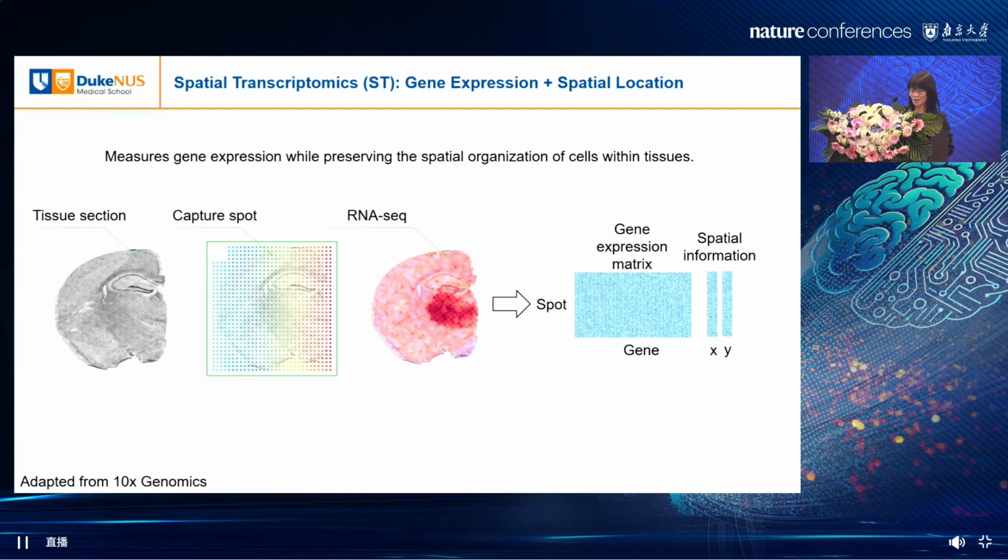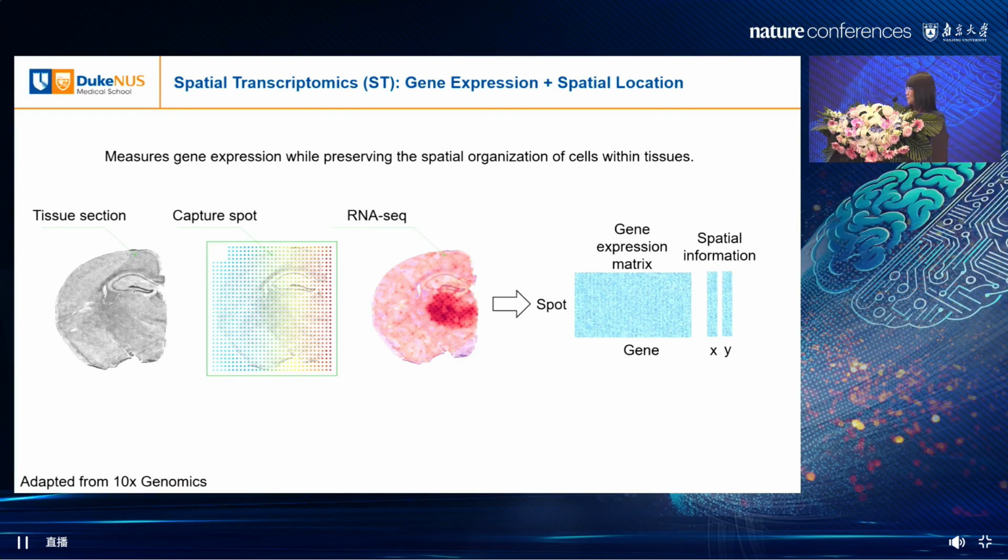So let's start with spatial transcriptomics, which measures the gene expression together with the spatial locations of each cell or each spot. So how do we acquire the data? We usually cut the tissues into very thin slices and then place them onto the slide, wherein the captured spots contain the spatial barcodes that will be sequenced together with the mRNA molecules.